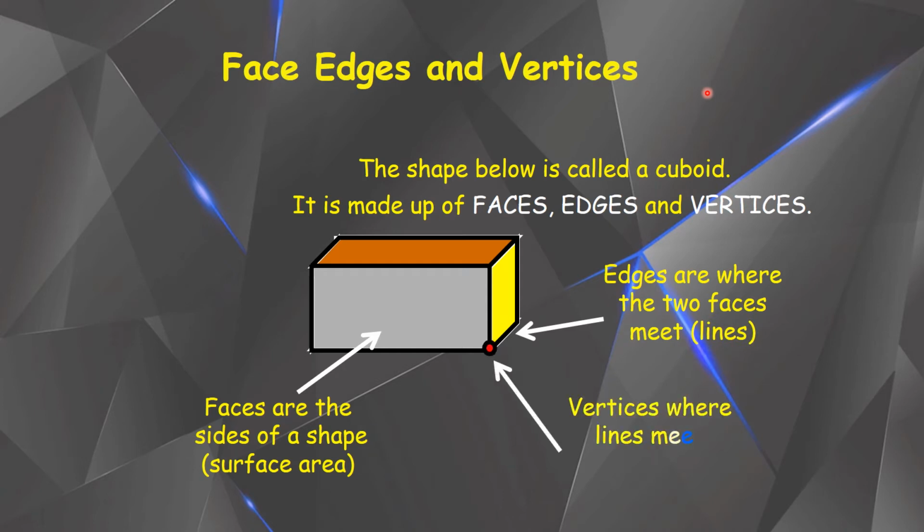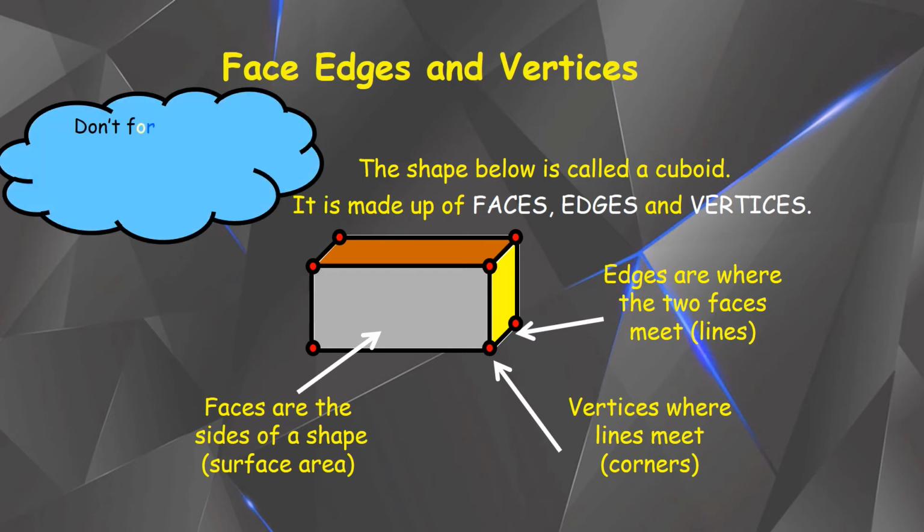This is called a vertex, and the plural form is vertices. Where the lines meet, or the corner, we can call a vertex. See, these all are the vertices.